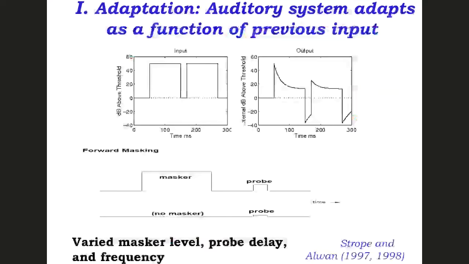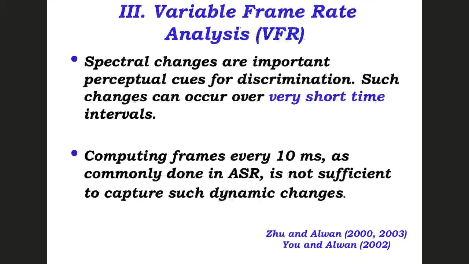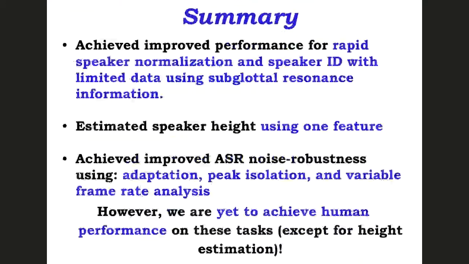So I think I'll end here and give you my final slide. We did achieve improved performance for speaker normalization and speaker identification, using subglottal resonances, estimated the height, and also features for the voice qualities. And in terms of noise, the same thing.